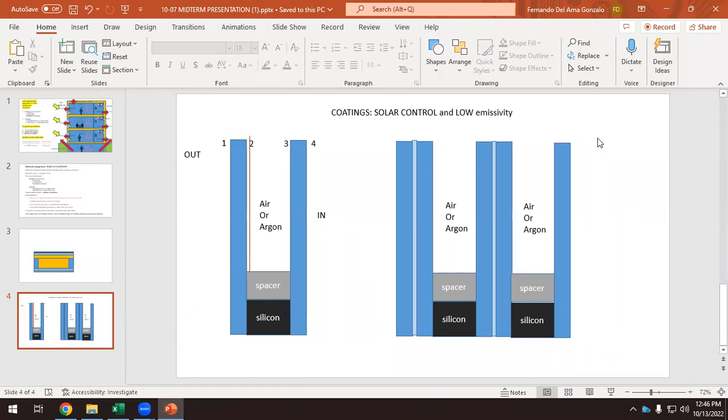In other places, what if we have cold winters and very hot summers? Can we have both? Yes, probably we can have both coatings, but then the low emissivity usually is indoors, and the solar control usually is close to the outdoor.